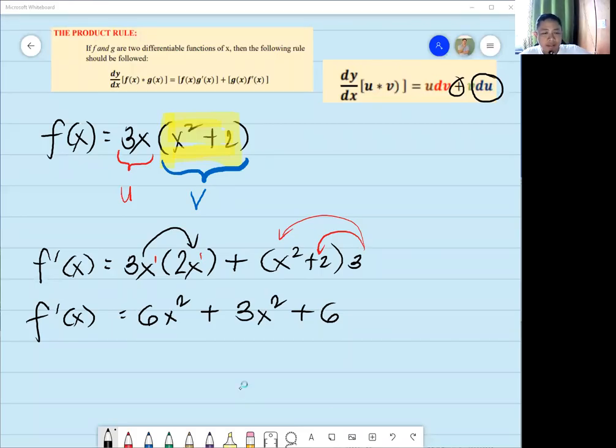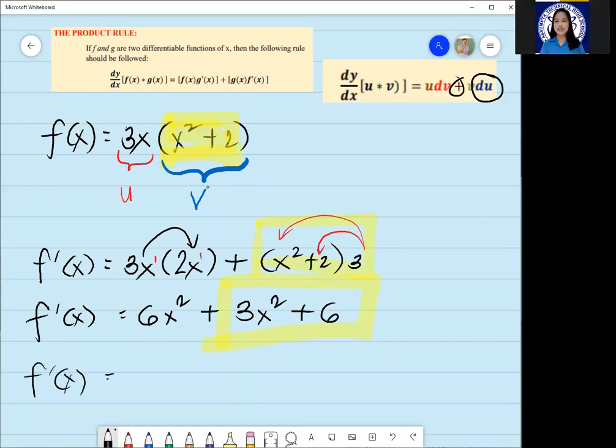Okay, so again, we were here. This is actually the process that we got from this. By distributing 3 to your binomial, you will have 3x squared plus 6. And then after that, let's just combine like terms. So we have here f prime of x is equal to combine like terms.